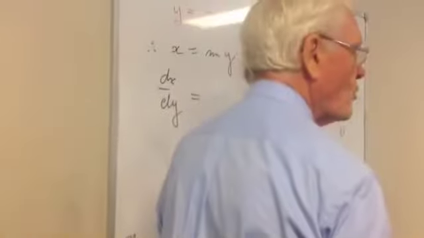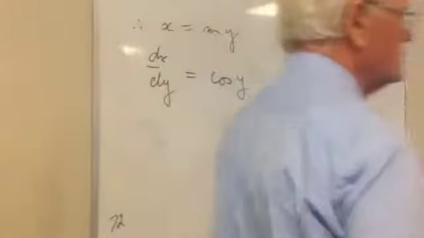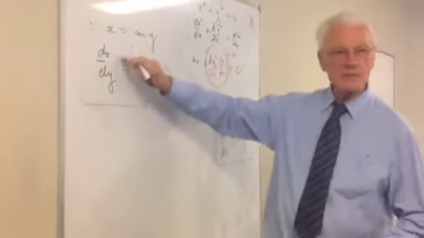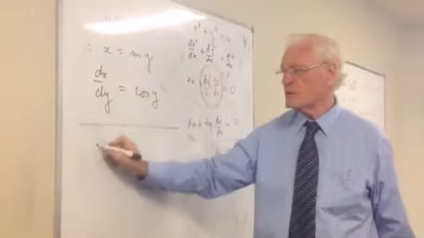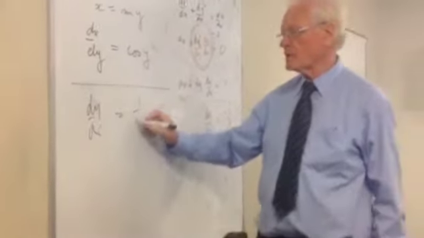All right? Differentiate sin y with respect to y. And what do I end up getting? Cos y. Now, I'm going to show you this. If you've got dy/dx, I can find dx/dy, which is 1 over dy/dx.